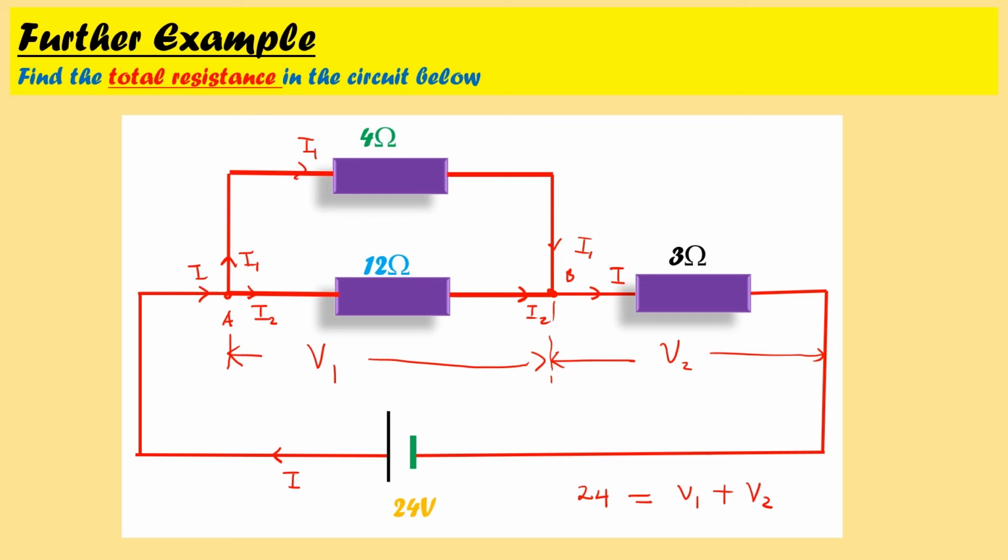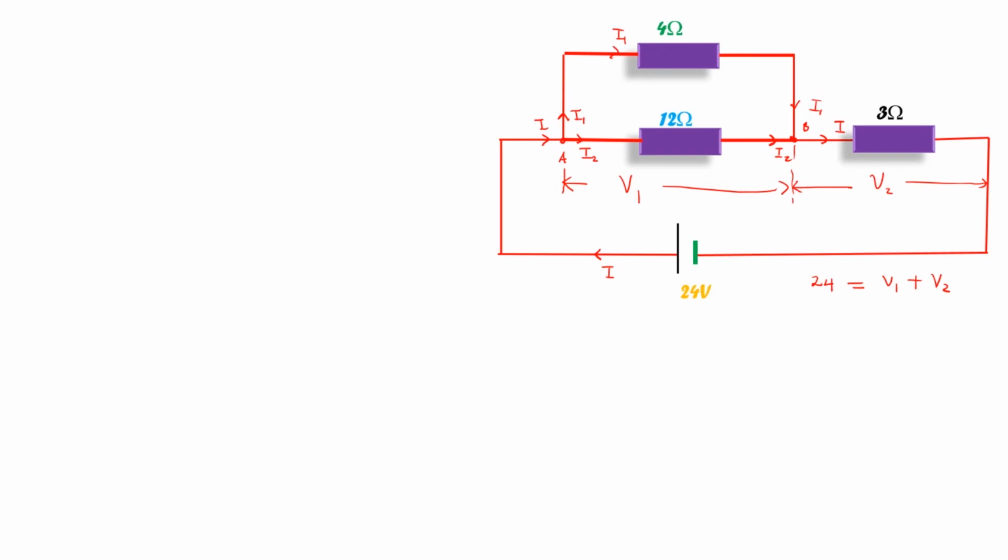Okay, now let us see how we can find the total resistance. Let us start with the parallel connection. For the parallel connection, we have the 4 ohm resistor and the 12 ohm resistor in parallel. So the equivalent resistance Rp will be the product R1 R2 divided by the sum.